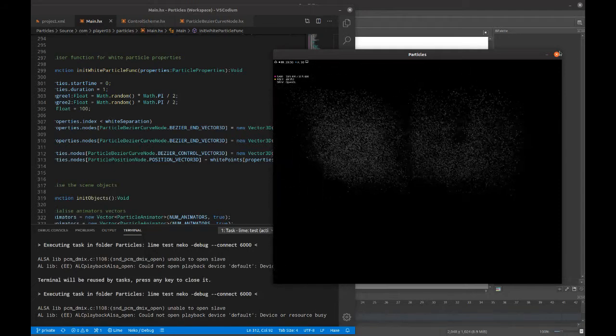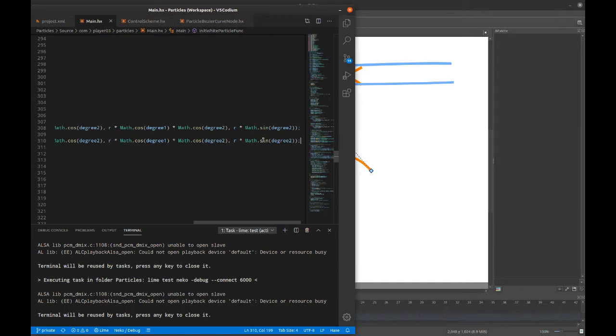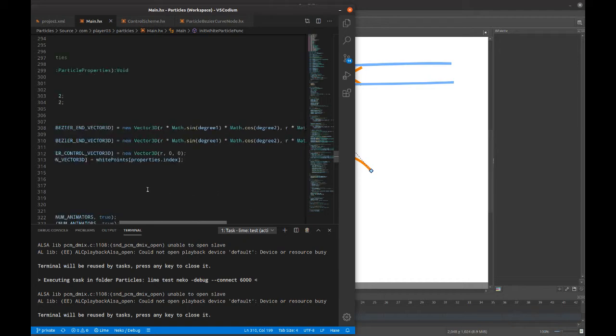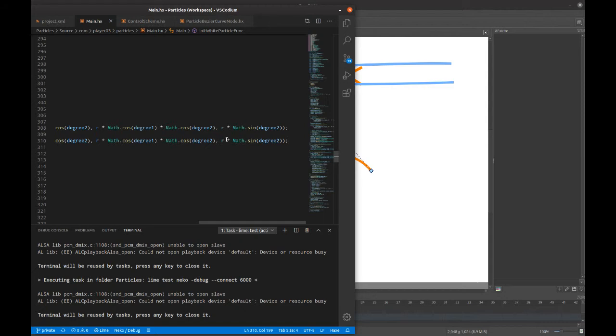They don't seem to be spreading out as much vertically, and why is that? I copy-pasted this formula, and I don't really know why.